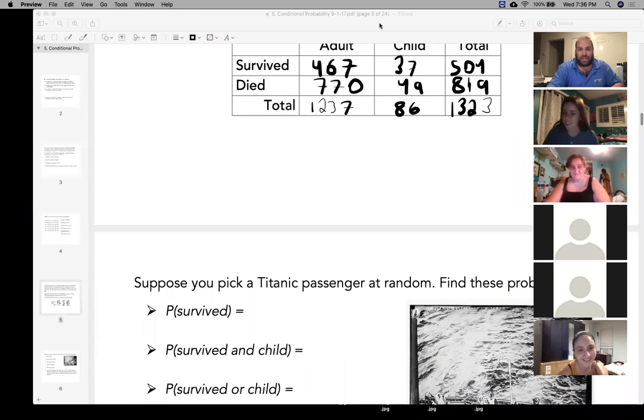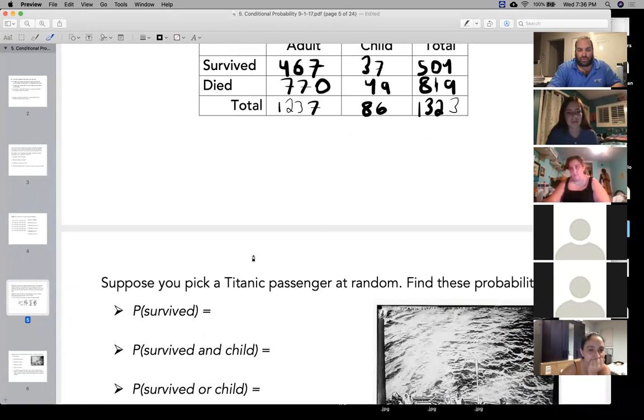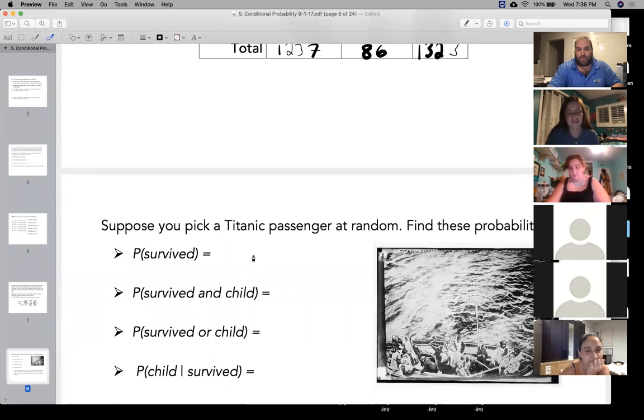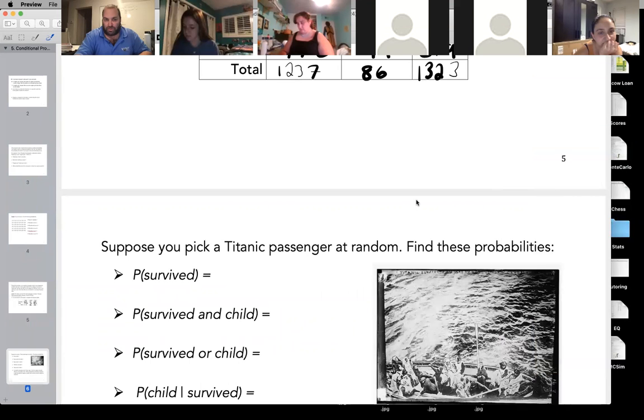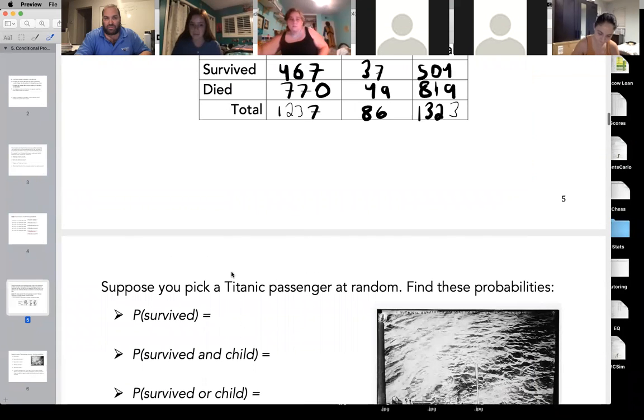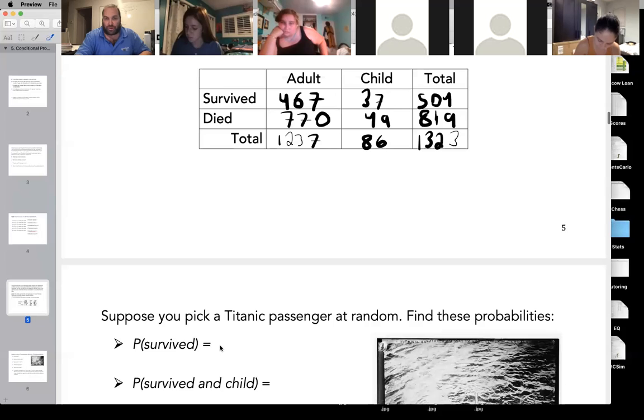Okay, so now, next line, it goes, suppose you pick a Titanic passenger at random. Find these probabilities. So first, what is the probability that the person survived? 504. That can't be a probability because probabilities have to be between 0 and 1. Oh, 504 over 1323.